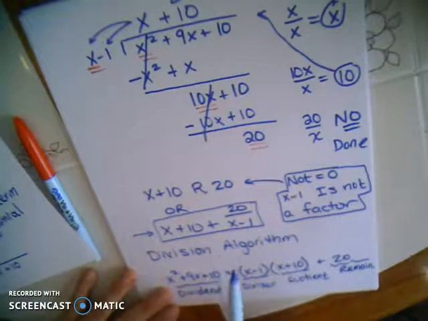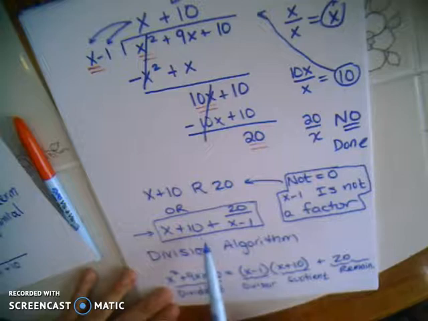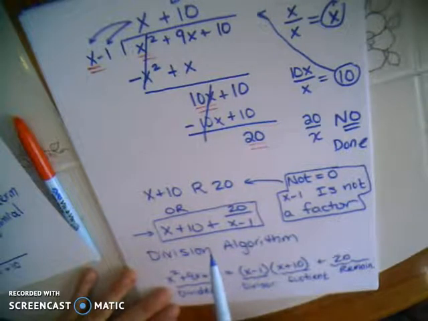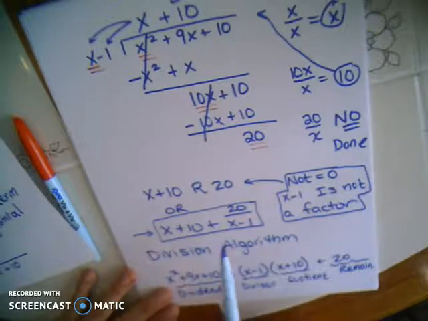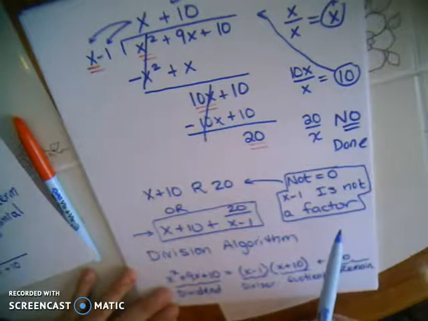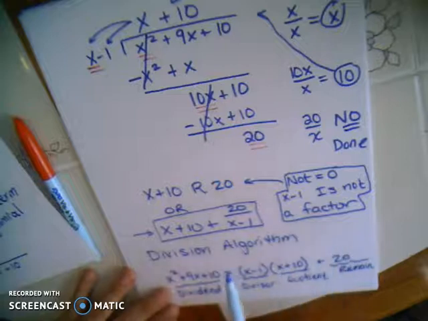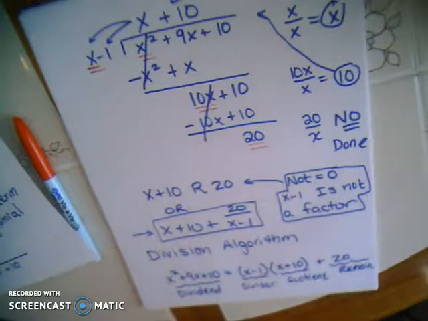I want to work this exact same problem. Now that we know what the answer is, I want to work the exact same problem using synthetic division. That way you can see the kind of numbers we're using in the synthetic division and what all those numbers mean, since we actually already have done this problem and know the answer.